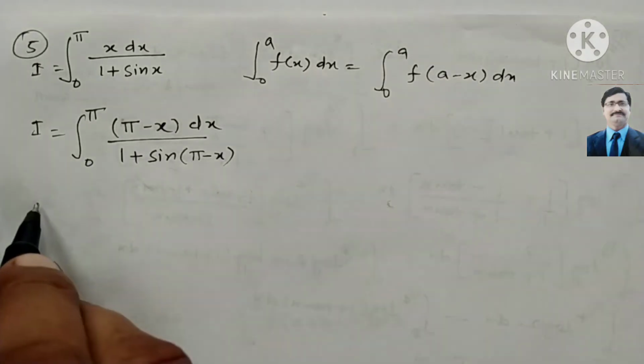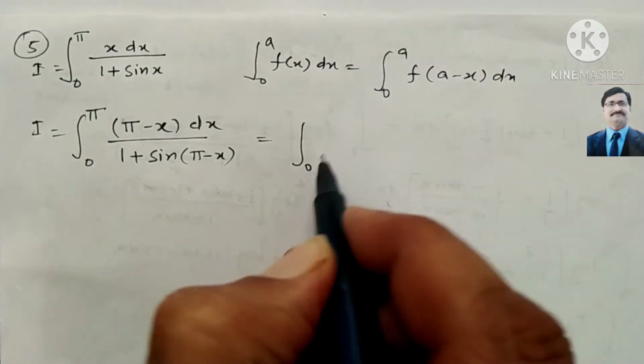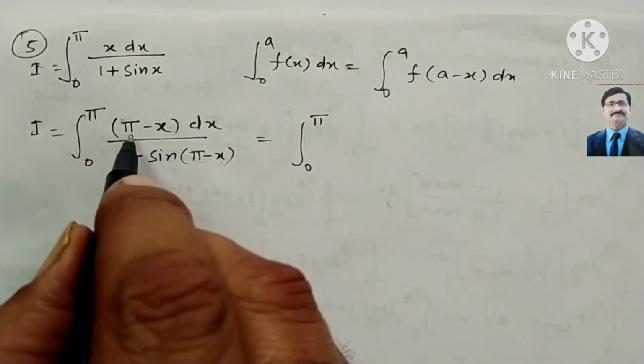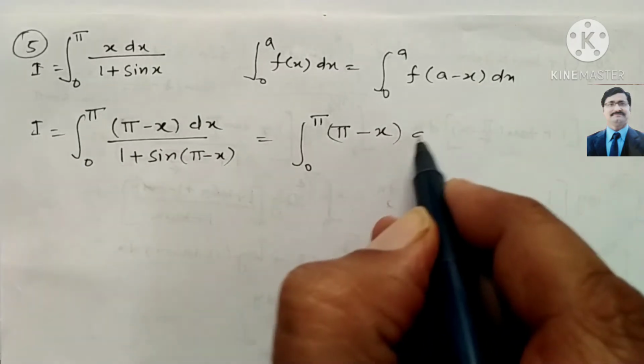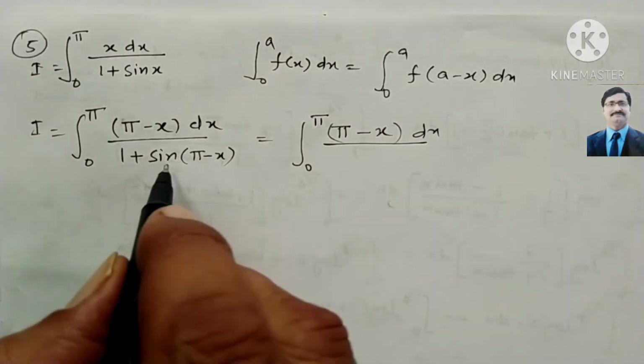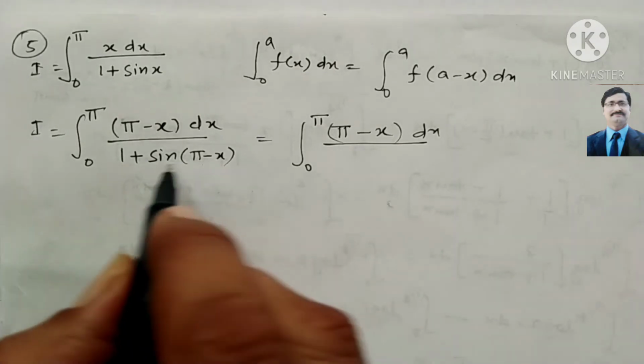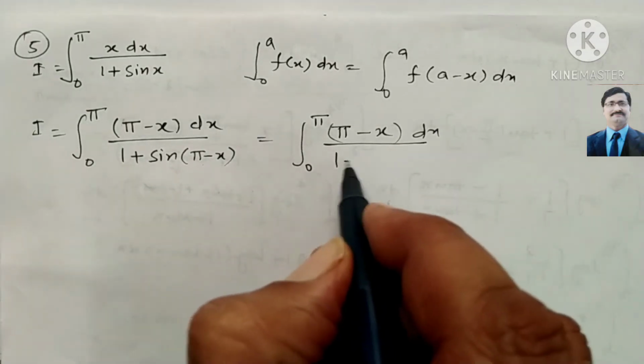Look here, by this we get 0 to pi, and here we write pi minus x as it is, and in the denominator, sin(pi minus x) is sin x only, so 1 plus sin x.